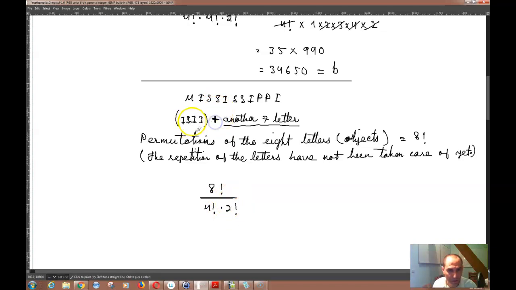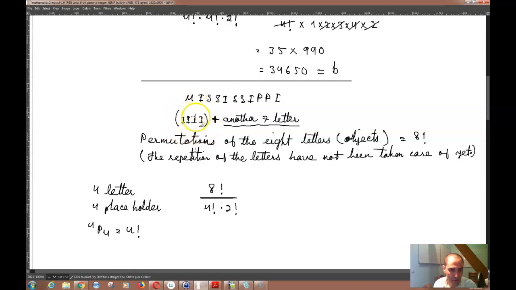Moreover, since I have to take care of the permutations of these 4 letters as well, what that means is that for each permutation of these 7 letters, there are 4 factorial permutations related to these 4 letters, because you have 4 letters here and you have 4 placeholders, meaning that in order to calculate all the rearrangements of these 4 letters, you can write 4 permutation 4, which is equal to 4 factorial.